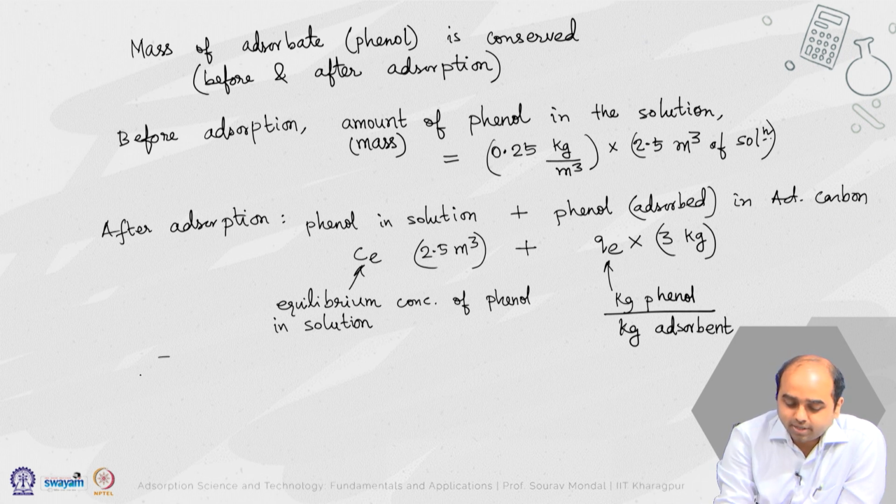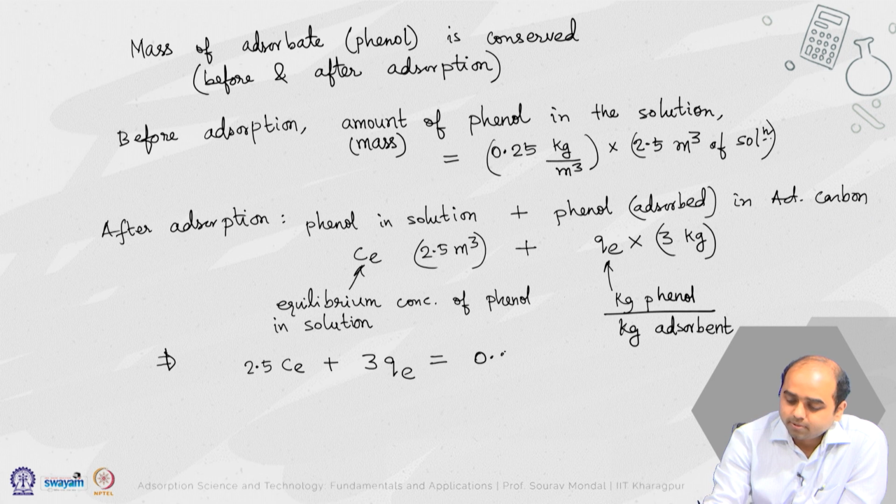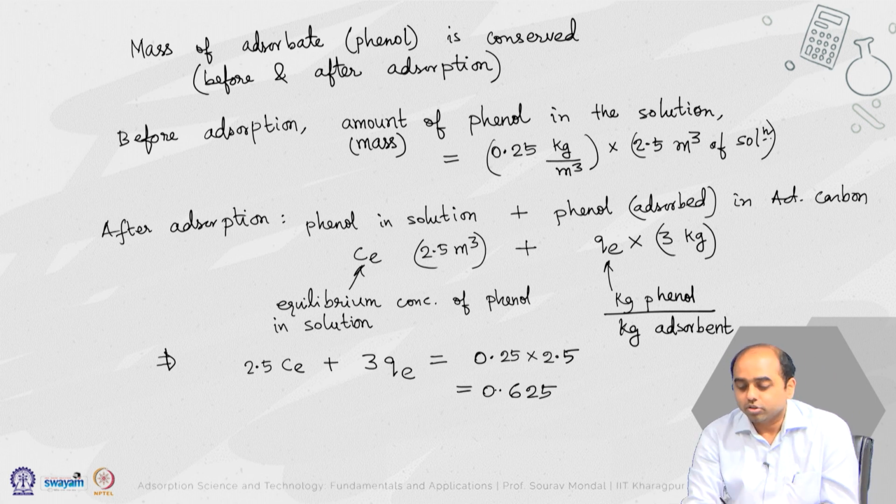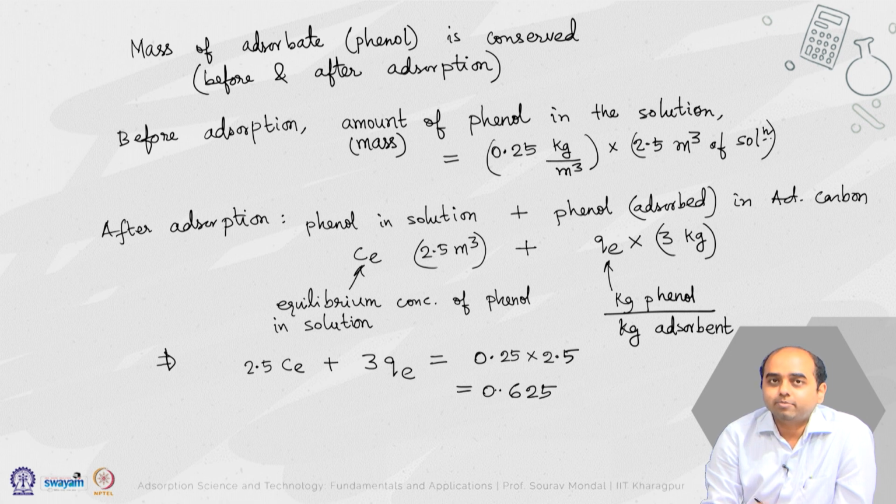If we write this down mathematically, it represents 2.5 Ce plus 3 Qe is equal to 0.625. So, this is one equation from the mass balance of phenol which relates Ce and Qe.